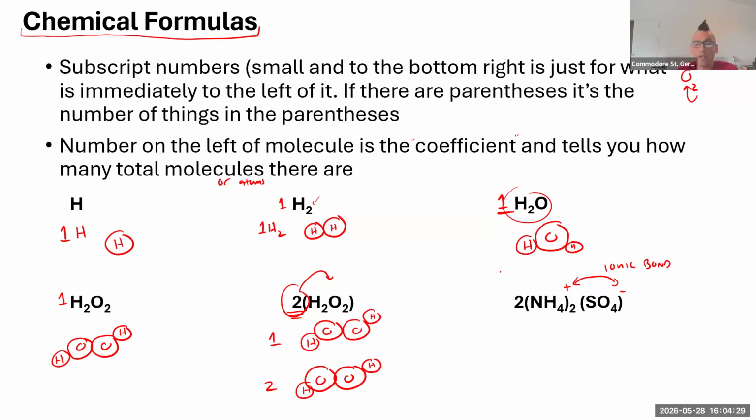All right, so now I'm going to attempt to draw this out, but it looks something like this. So it's going to be NH4. You might not know this yet, but these are going to be 1 plus. You have SO4, 2 minus.